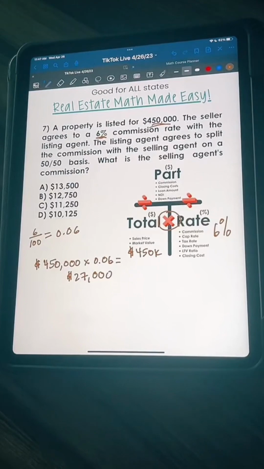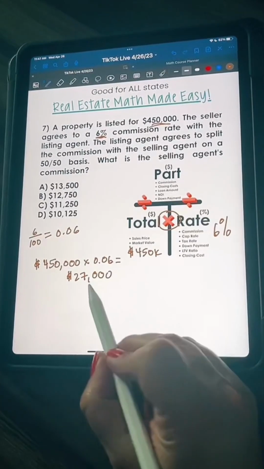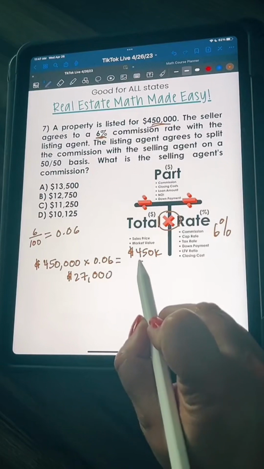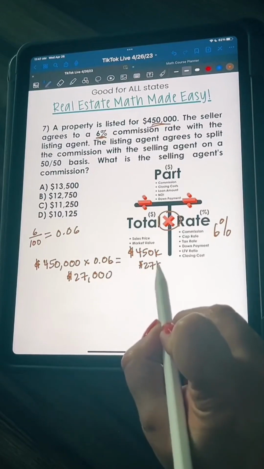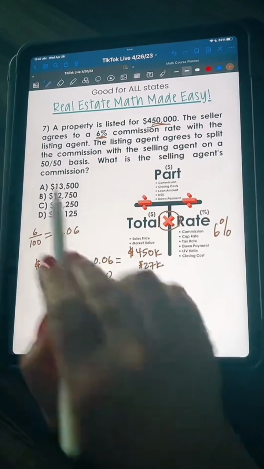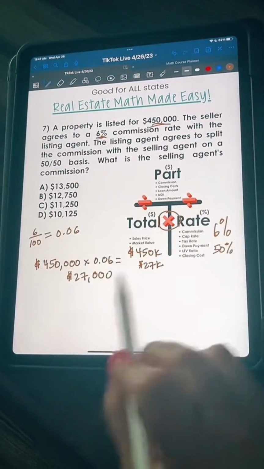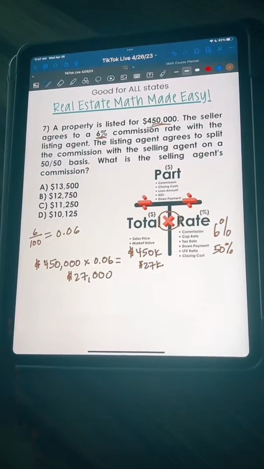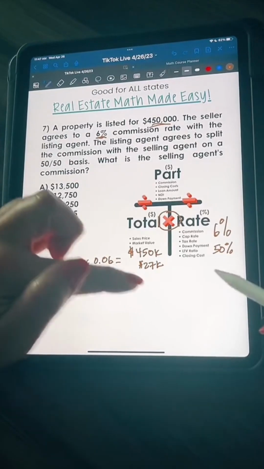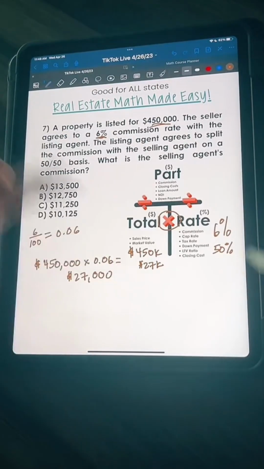All right, but then now we got the broker in the way. He's got to get his cut. So we're now going to put this total amount in this column here, 27,000, okay? And then the 50%, right, which is 50%. So basically, all we really have to do is divide by 2 because it's 50-50. But if this said 60-40, this is how it would be. You would still do it like this, okay?